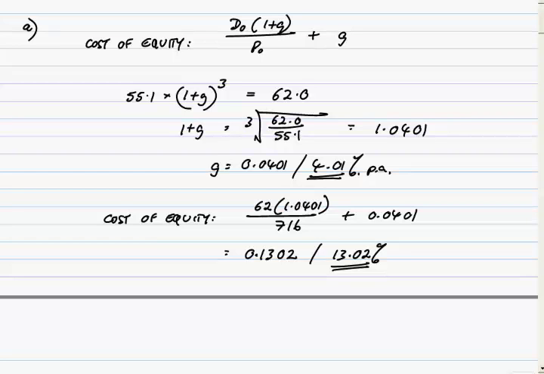So I don't think that's too bad. It's taking me longer because I'm speaking, but that should be pretty quick. Incidentally, if you used 4% as the growth rate, no problem. The cost of equity would be a tiny bit different, but that's neither here nor there.